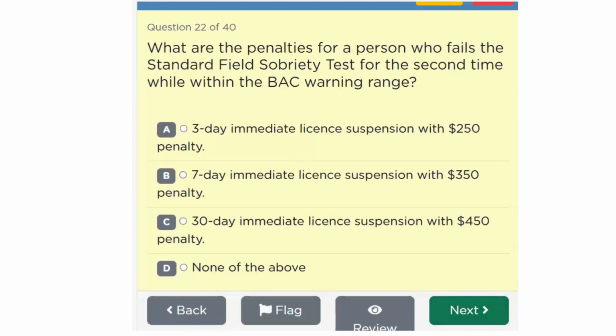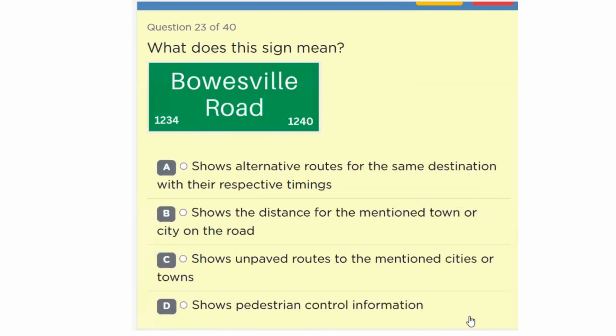What are the penalties for a person who fails the standard field sobriety test for the second time? All of them. License suspension. What does this mean?